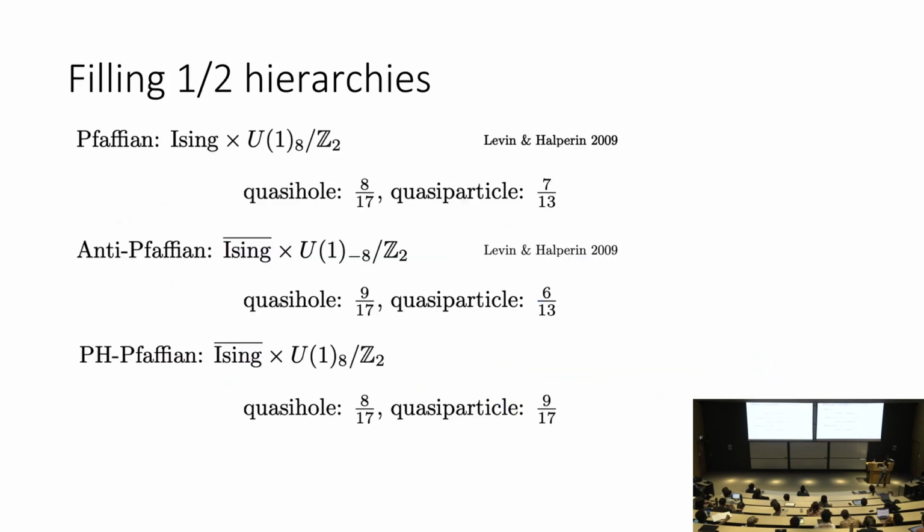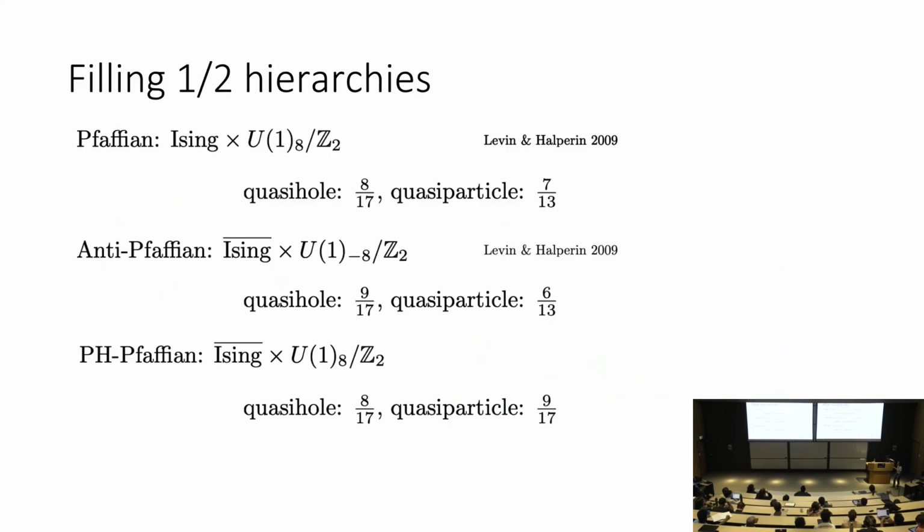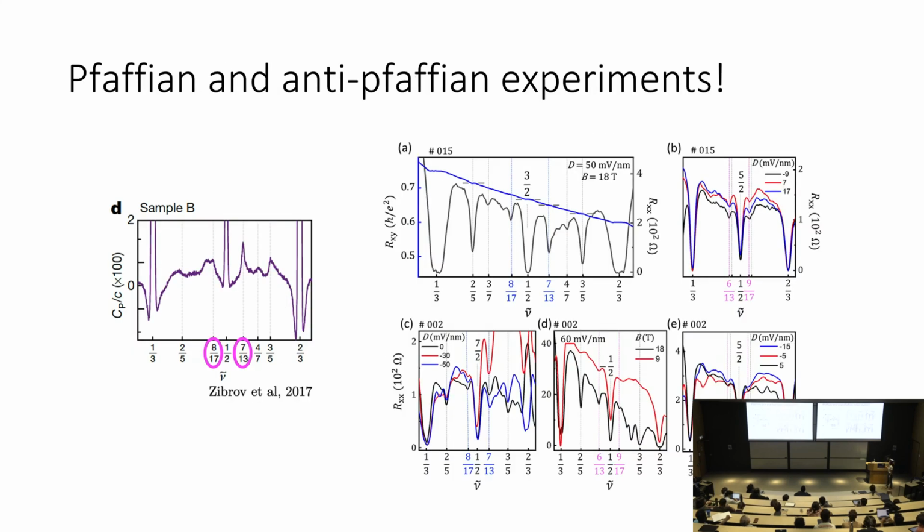So that guy is the Pfaffian. On the right side, there are many different samples, and some of them demonstrate states at 8/17 and 7/13. Some of them demonstrate it at 6/13 and 9/17. So some of them are Pfaffian and some of them are anti-Pfaffian. And we don't see this PH-Pfaffian in any of these examples.